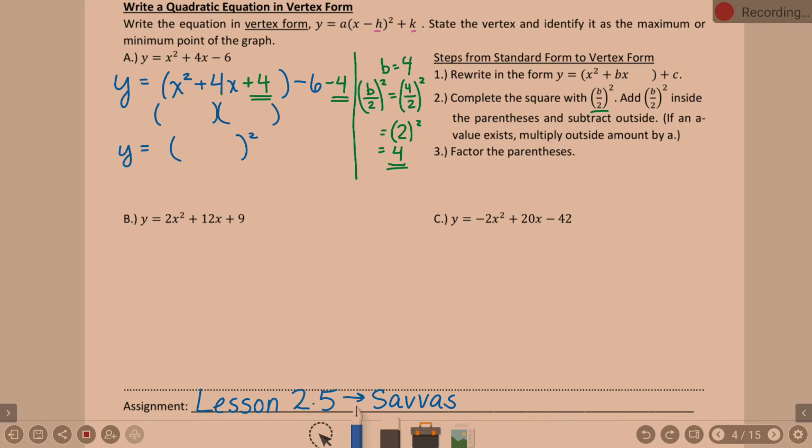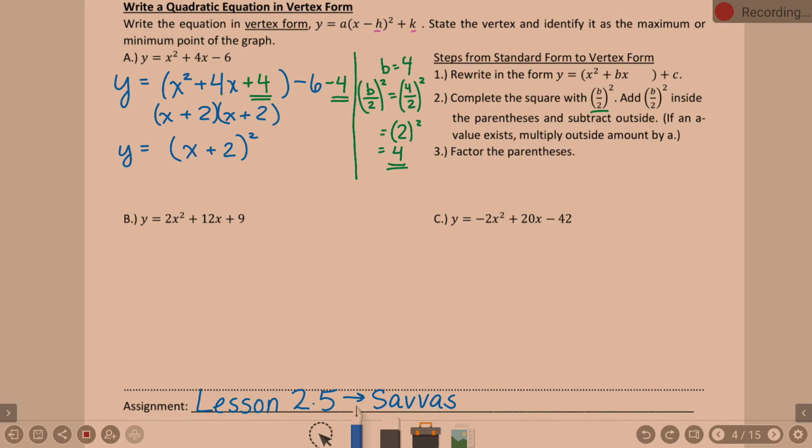The square root of x squared is x, or in other words, x times x. Go to the c value, or the end value here. The square root of 4 is 2, or in other words, 2 times 2. What sign do I need in the middle? Since that's a plus 4x, we need plus 2.